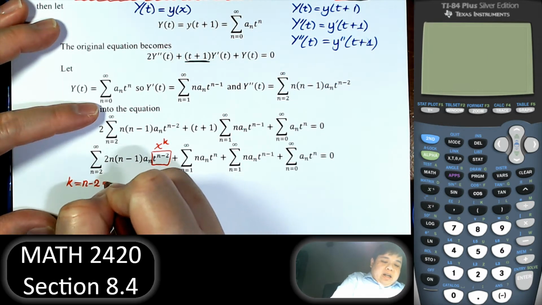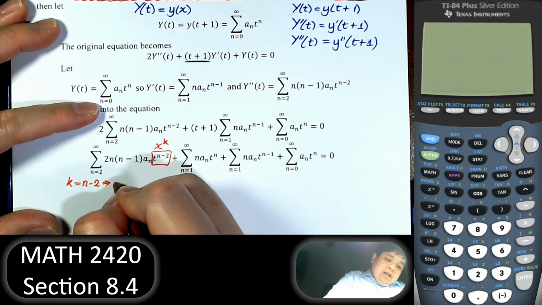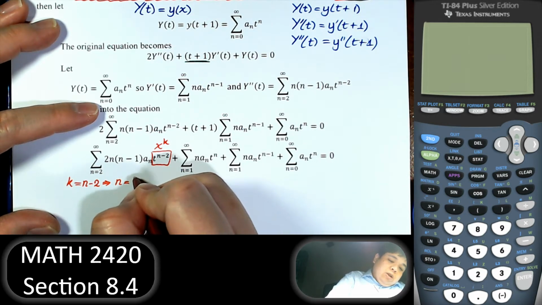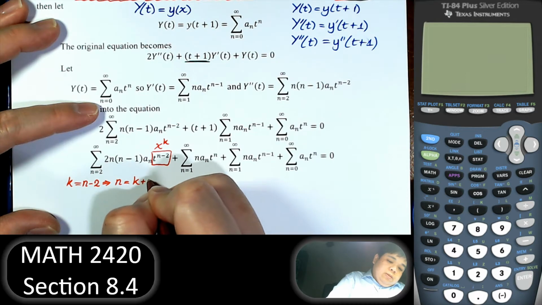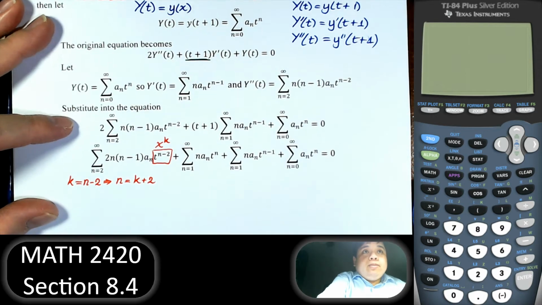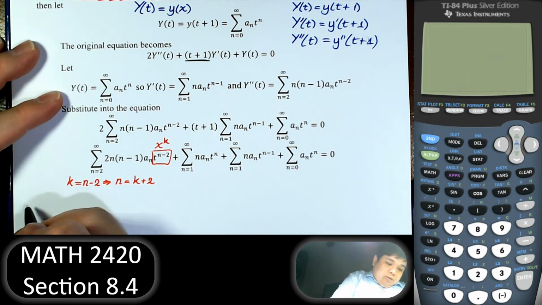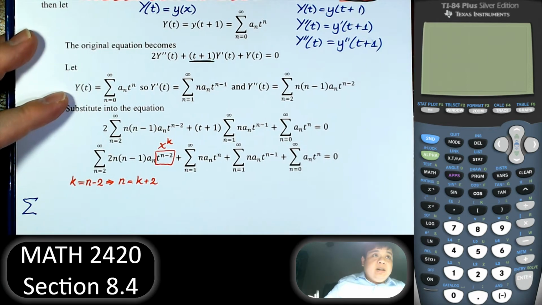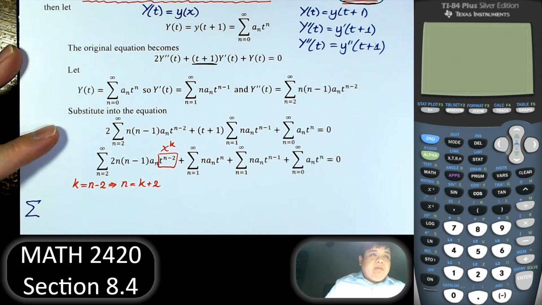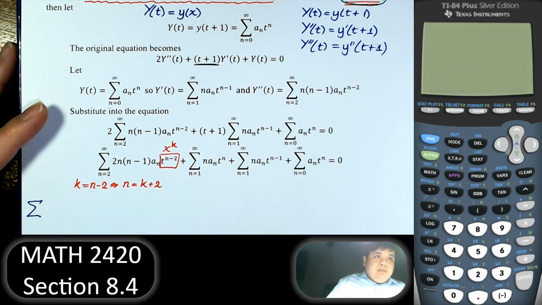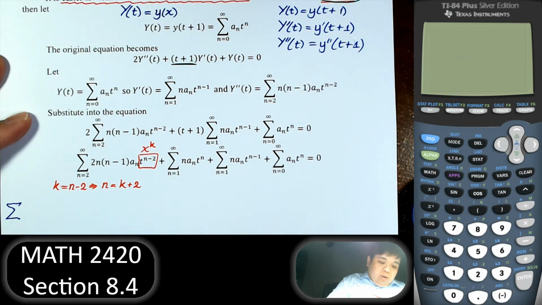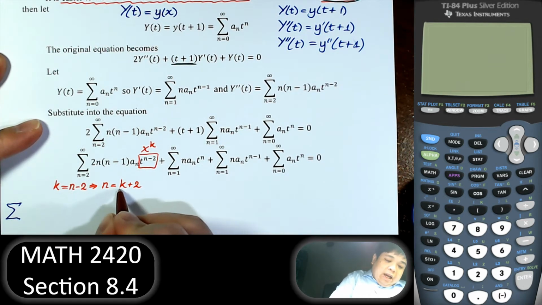If that is the case, then solving for n, it's going to equal k plus 2. So that is the first series. I will rewrite it: every time I have n, it's going to be k plus 2.